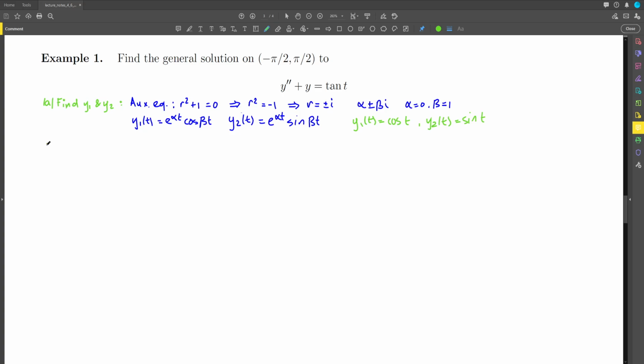Okay, the next step is I want to find the Wronskian of y1 and y2.